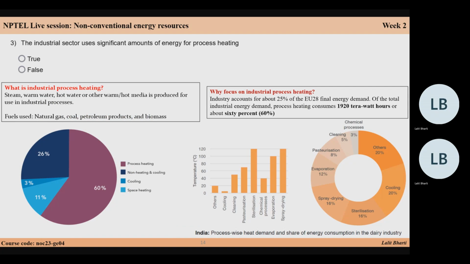The third question is: the industrial sector uses a significant amount of energy for process heating. The term is process heating. So first we get to know what this process heating is. Whatever process in the industry sectors includes heat, it can be using steam, warm water, hot water, or any other hot media which is required or produced during industrial purposes.